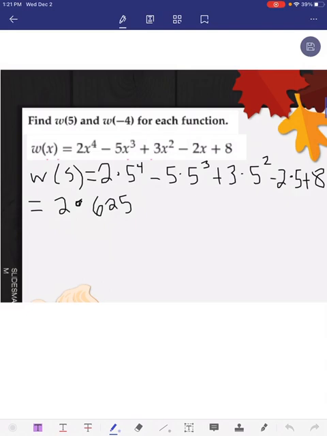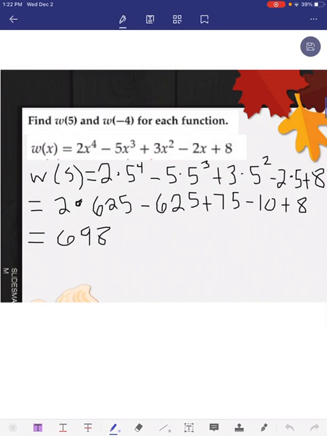Since 5 to the 3rd times 5 is really just 5 to the 4th, we will just get 625 here. 5 squared is 25 times 3 is going to give us 75 minus 10 plus 8. Then combining all of those together, we should get 698.